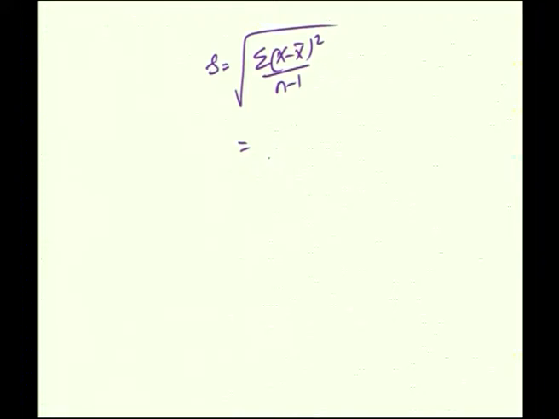This value comes to be root of 37.611, and the root of s square value is 6.133. This is the sample standard deviation value. X bar is 180.5 and the sample standard deviation is 6.133.